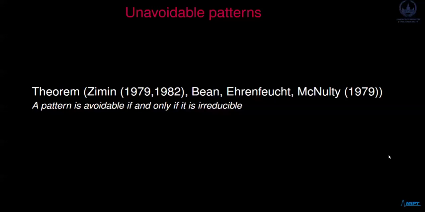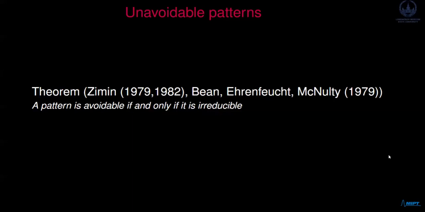Let's wrap up our discussion on unavoidable patterns. We have an important theorem from Zimin and others established in the late 1970s and early 1980s. The theorem states that a pattern is unavoidable if and only if it is reducible.